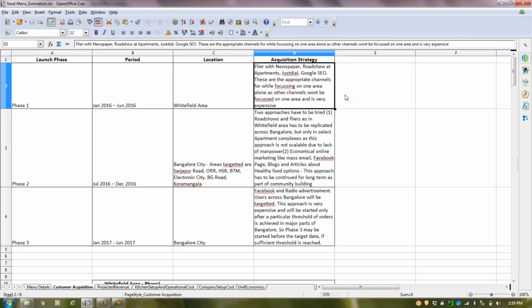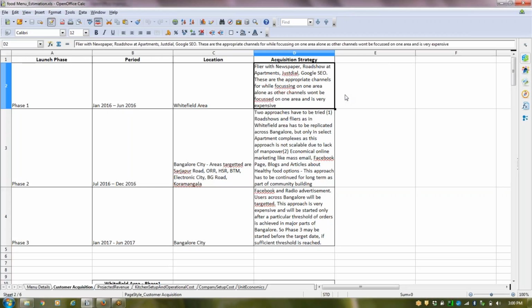When you don't have a brand name and you want to build a business, the best option is to give an opportunity for your prospective customers to try out things for free. So that is a strategy put over here by these guys. They will put road shows or stalls in apartments and give out sample breakfast for free to people to try out.